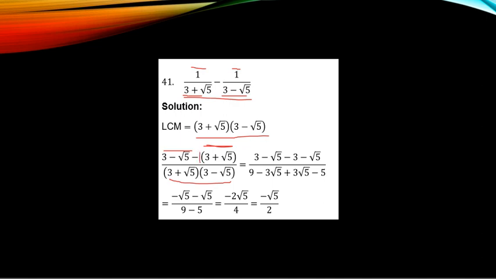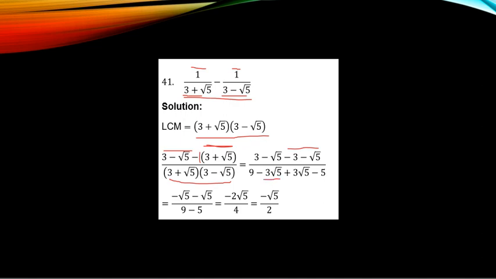So if you open the bracket with minus 1, you have minus 3 minus root 5, because minus times plus now is minus. Then if you multiply the denominator, 3 times 3 is 9. 3 times minus root 5, that is minus root 5.